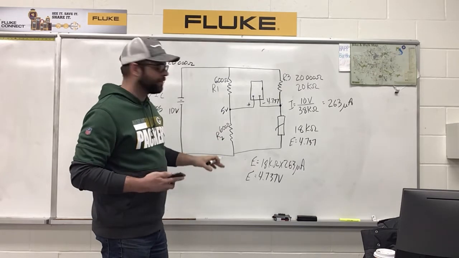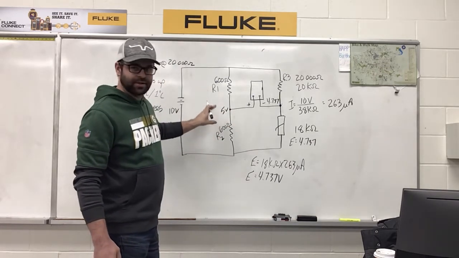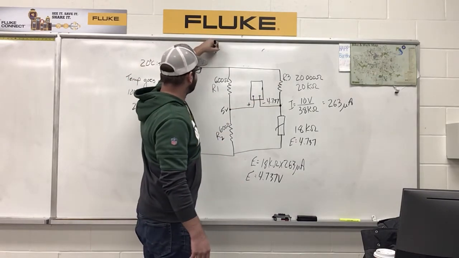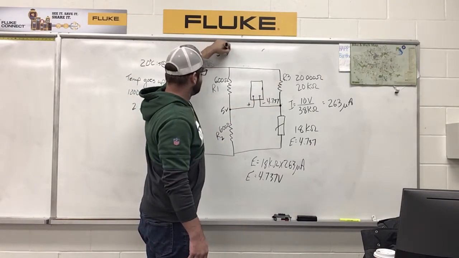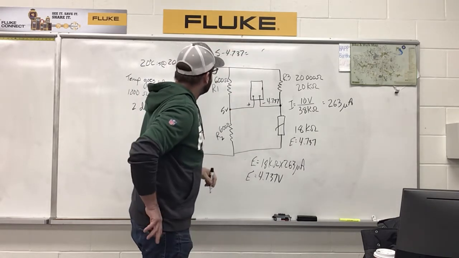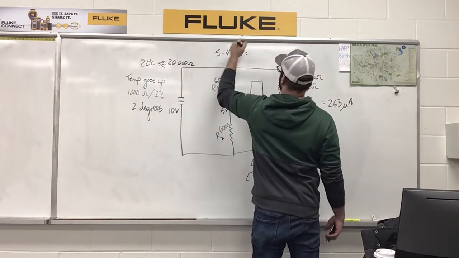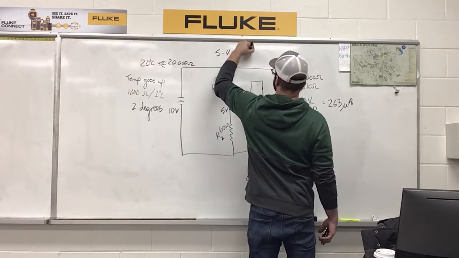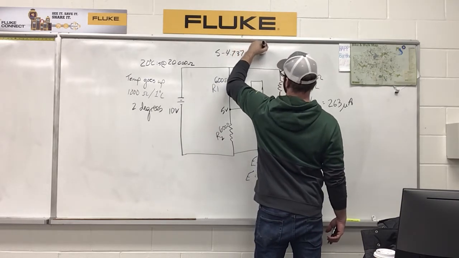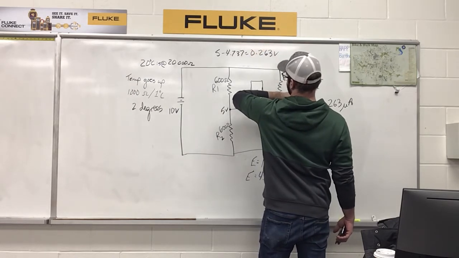So looking at our meter, it takes the positive lead value as a starting point and then subtracts the other one from it. So it's going to be 5 subtract 4.737. So that should be 0.263 volts, I believe.